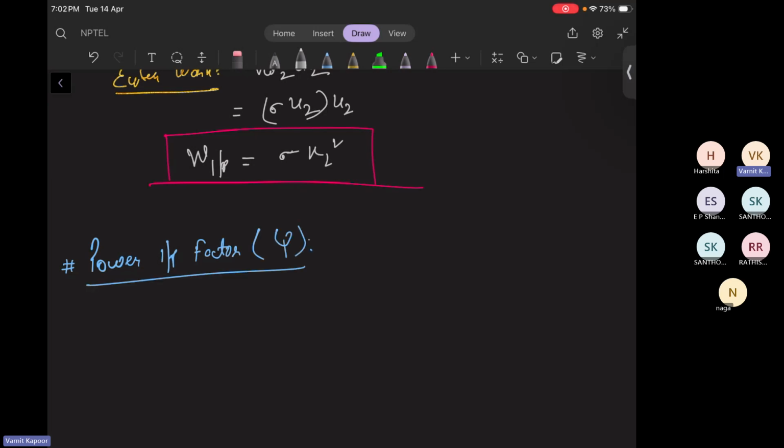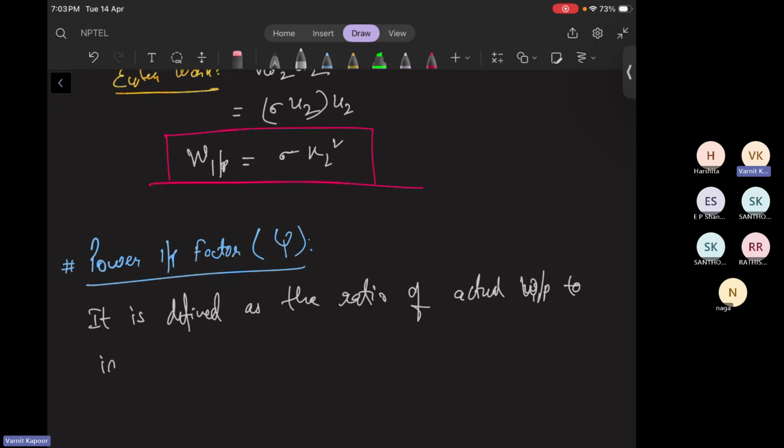It is defined as the ratio of actual work input to ideal work input.